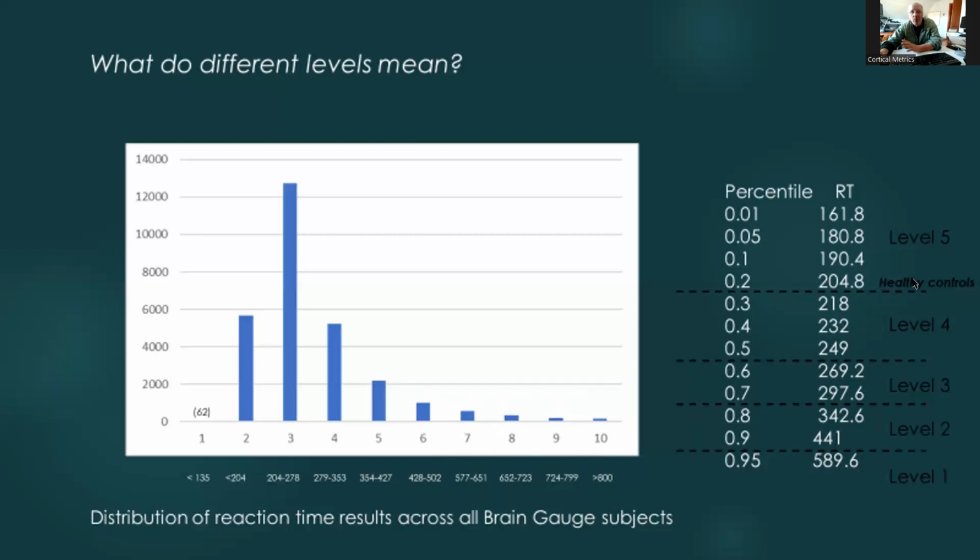The expert level platform, which is in beta testing right now, is going to be available on request. If you're much faster than healthy controls and you want to see how you compare with the best of the best, you can start doing this.